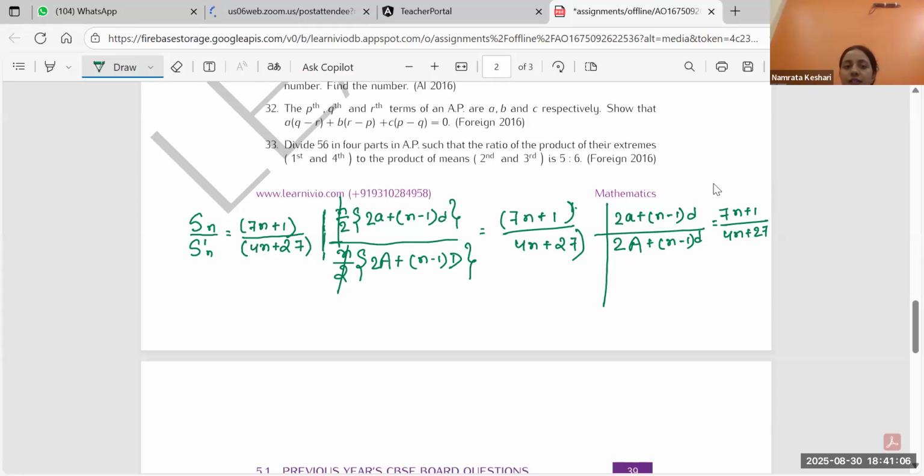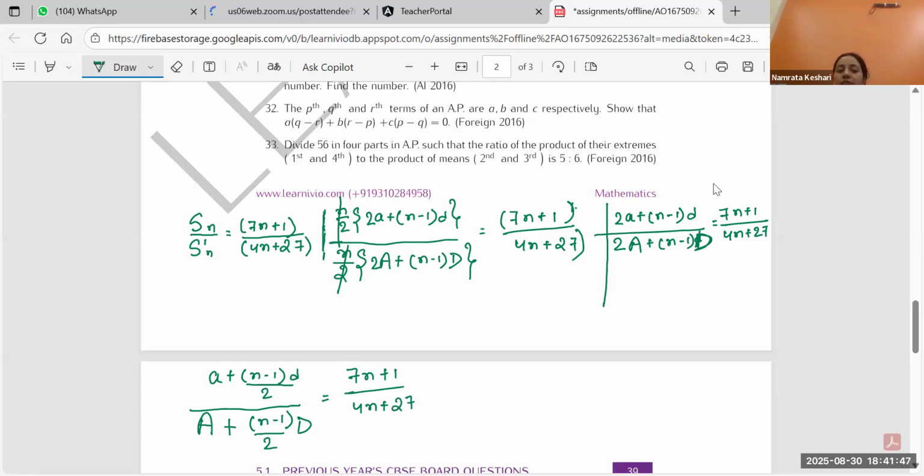So here we are doing the division, and hence our numerator became just a plus this term divided by 2, and the denominator became just a plus this term divided by 2. Now that is equal to, still the other side is same. This is what we are having.